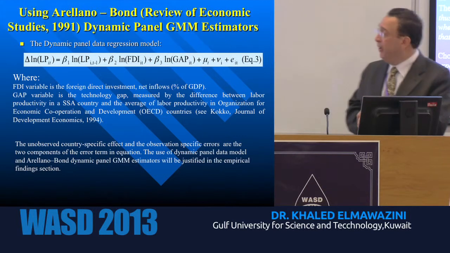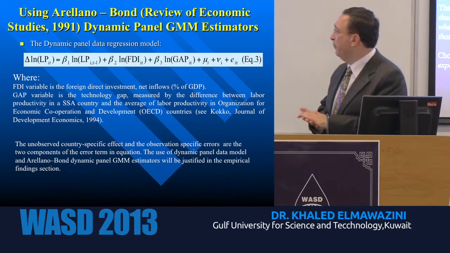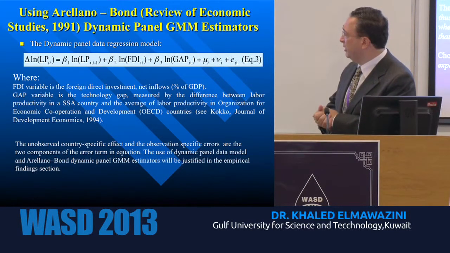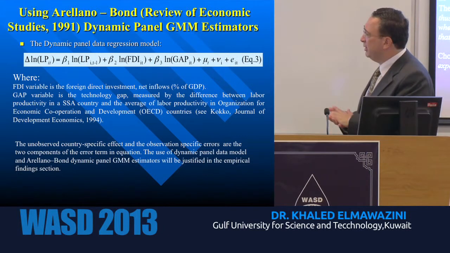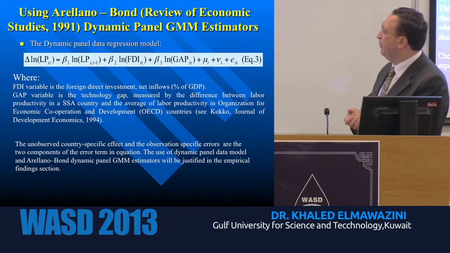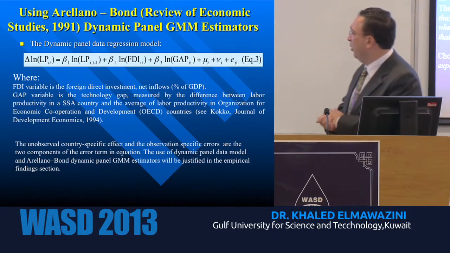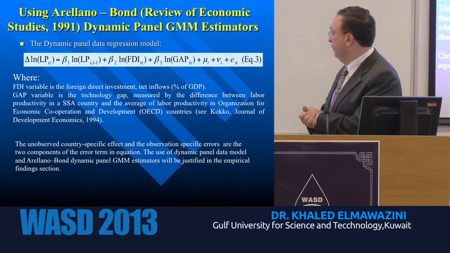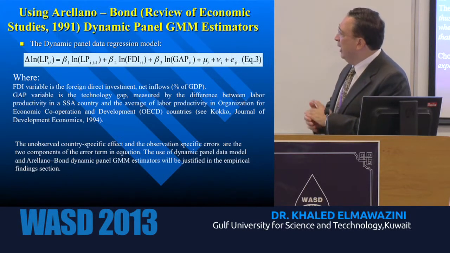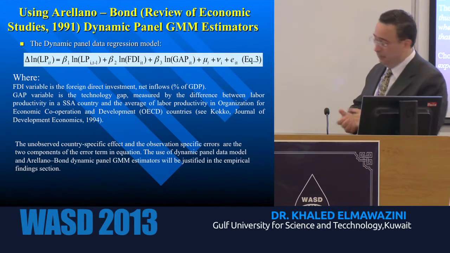My empirical model is based on dynamic panel data, and it is based on what is called the Barro regression. The main idea of the Barro regression is that labor productivity growth depends on the initial income, depends on the variables mentioned in the Solow model, and also depends on other control variables.